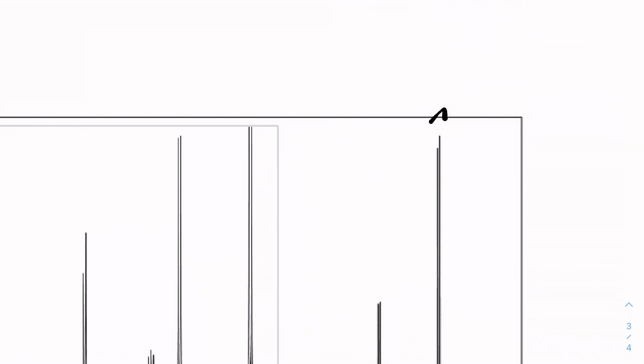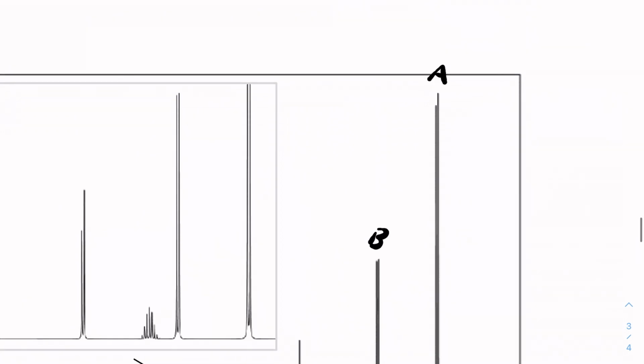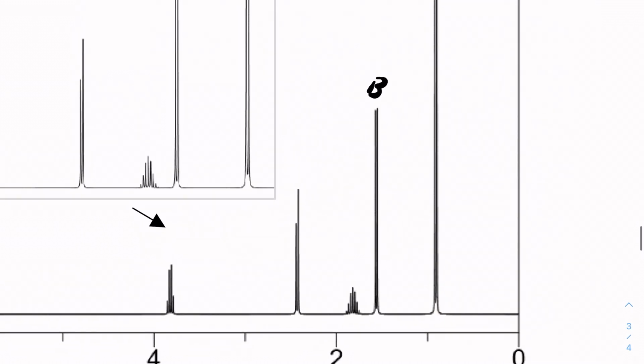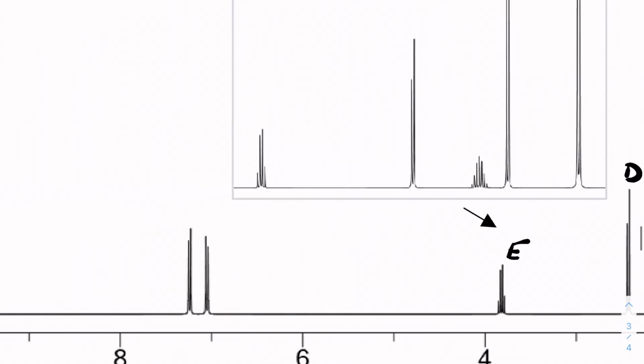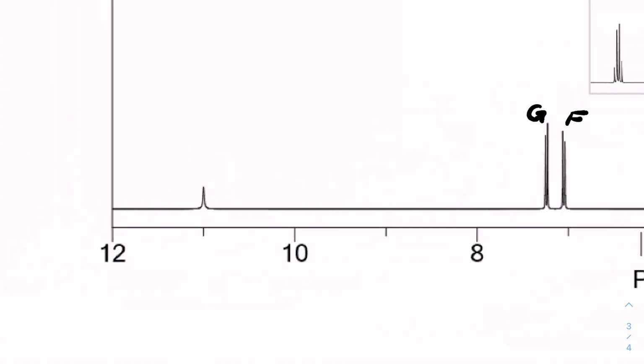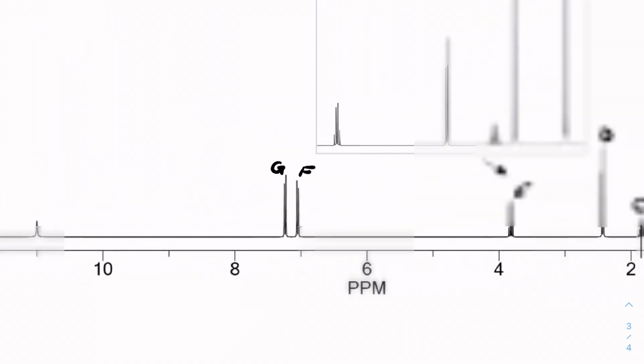We're going to start off with A, B, C, D, E, F, and G. This little signal all the way down here is going to be our solvent signal, so we don't have to include that in our analysis. It's just going to stay off to the side there.